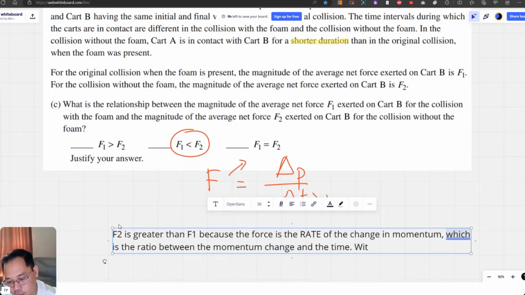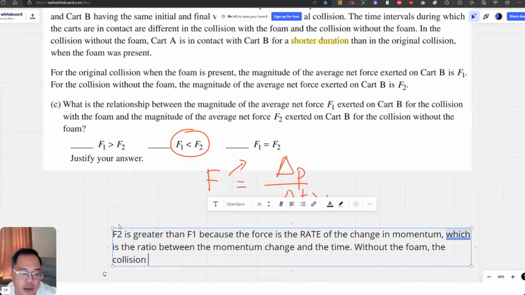Without the foam, the collision time is shorter, resulting in greater force.